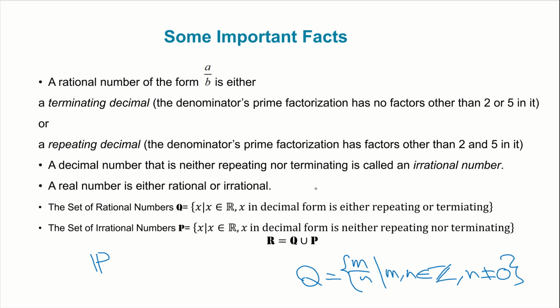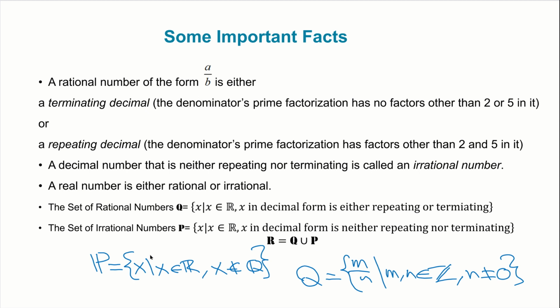P, which is the letter we usually use for it, is all x such that x belongs to R and x does not belong to Q. Because as we said, these two sets are disjoint, they have no numbers in common, and together they form the entire set of real numbers.